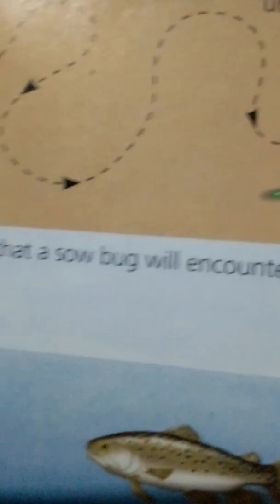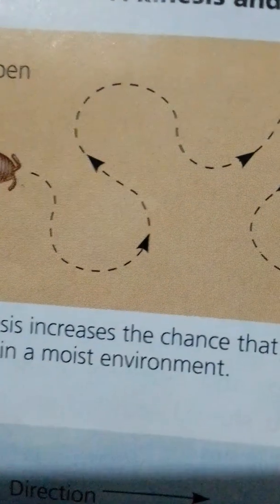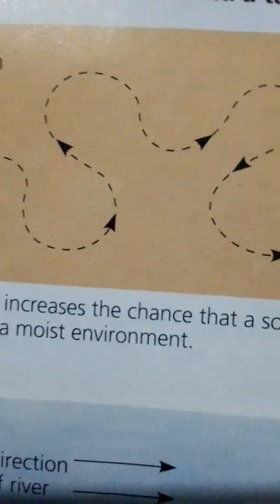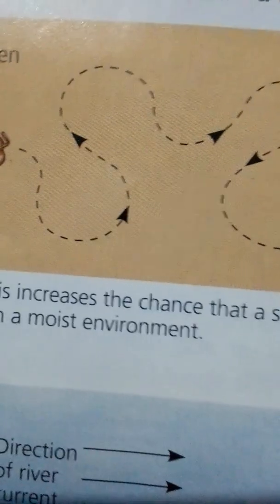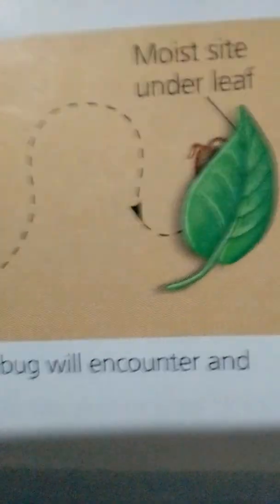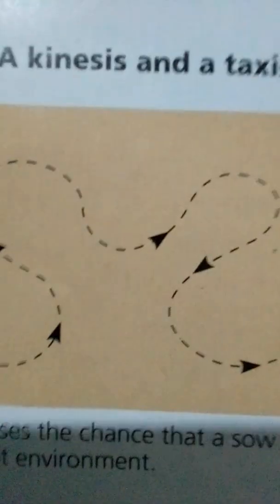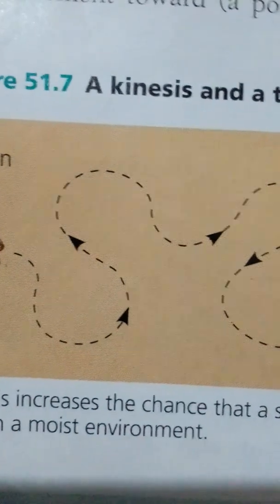They do not move toward or away from specific conditions, as shown here. Their increased movements under dry conditions increase the chance that they will leave a dry area and encounter a moist area. And since they slow down in a moist area, they tend to stay there once they encounter it.